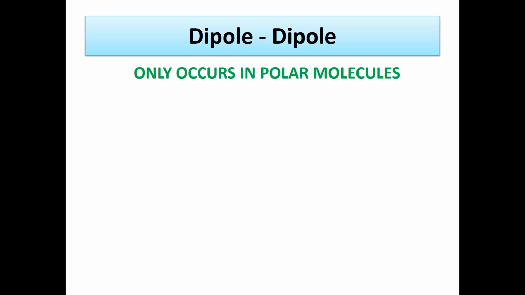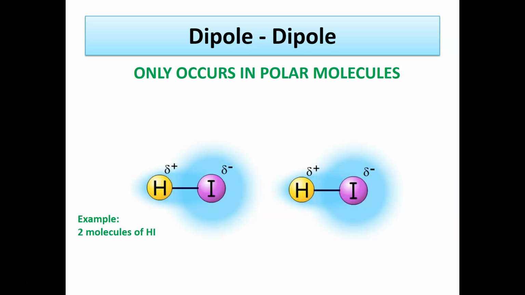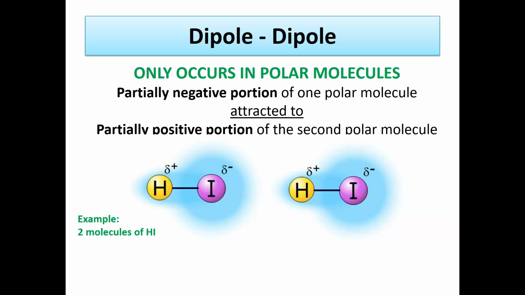Dipole-dipole only occurs in polar molecules because the big deal here is that we have a partial negative attracted to a partial positive, but it's permanent. Because these molecules are polar, they will always have one side that's a little bit plus and one side that's a little bit minus, always.